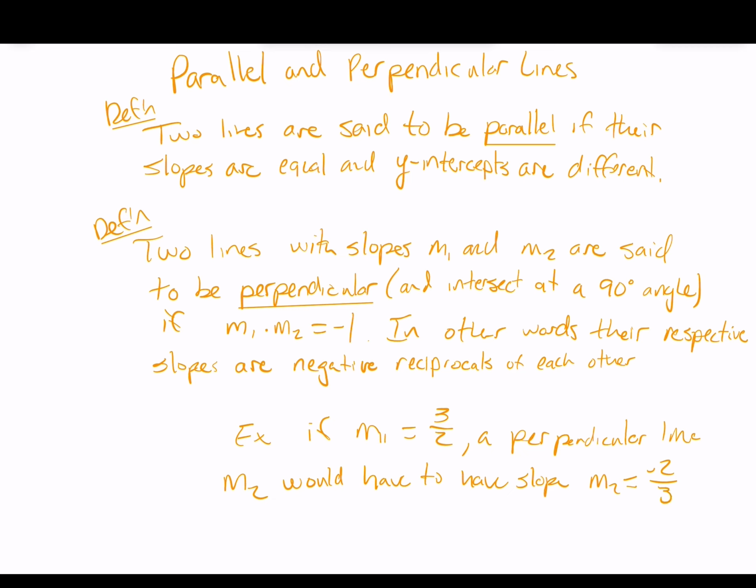So you take a negative sign and flip it. So that's to have a perpendicular line. Parallel lines have the same slope. Let's try an example.